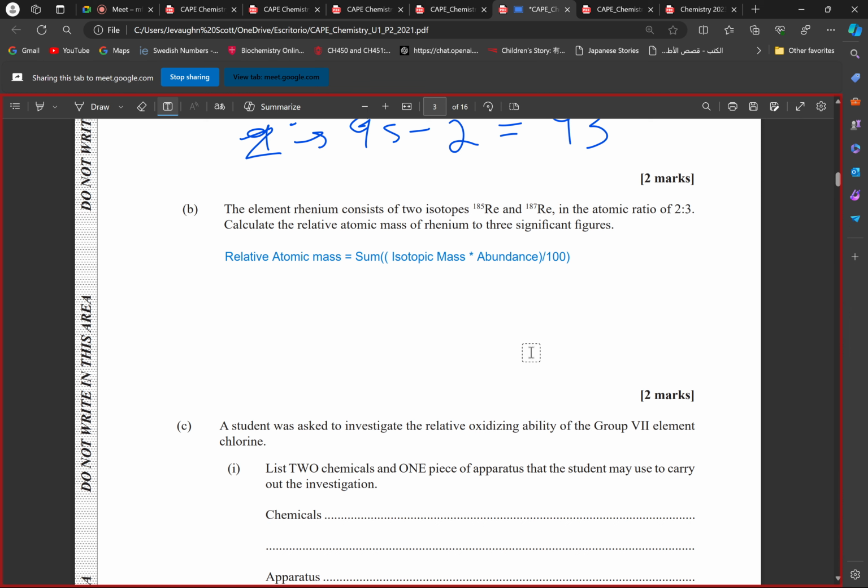So what should we do here? You have a 2 to 3 ratio. So instead of dividing by 100, you're going to divide by 2 plus 3, which is 5.